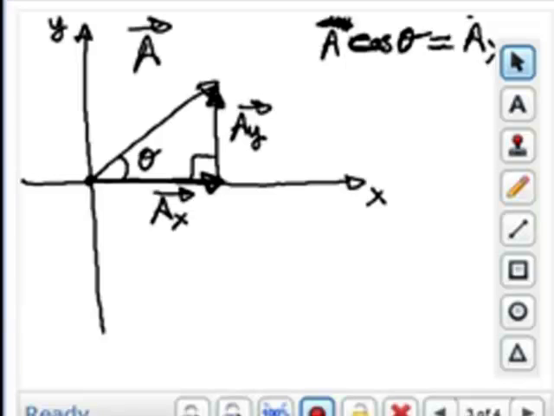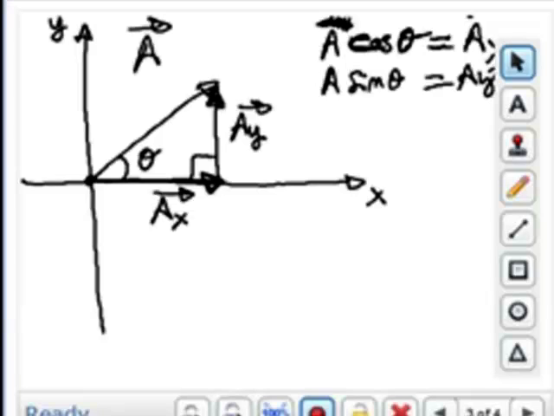What I can do now by using the relationship that we've just seen is I can figure out the magnitude of those decomposed vectors, AX and AY, in terms of the given ones, A and theta. Okay, and similarly I can do A sine theta is equal to AY. And similarly, the magnitude of the vector A squared is equal to the magnitude of the vector AX squared plus the magnitude of vector AY squared.